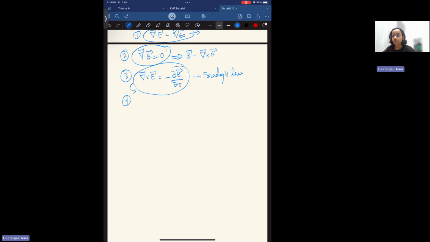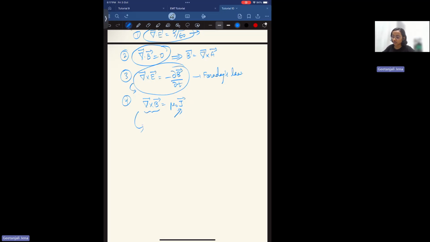That is, whenever there is a change in electric field or whenever there is a current, we will have a magnetic field. Initially, Maxwell's equation is curl of B is mu naught J. This basically tells that whenever there is a current carrying wire, a current carrying loop or any current source, there will be a magnetic field there.